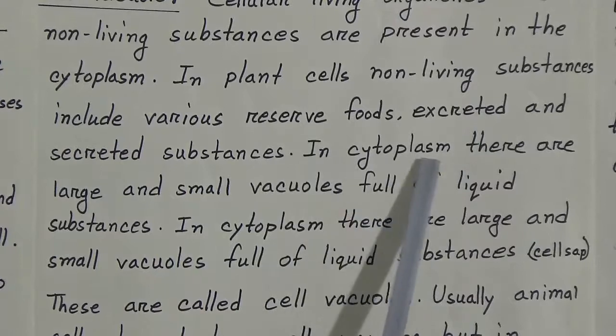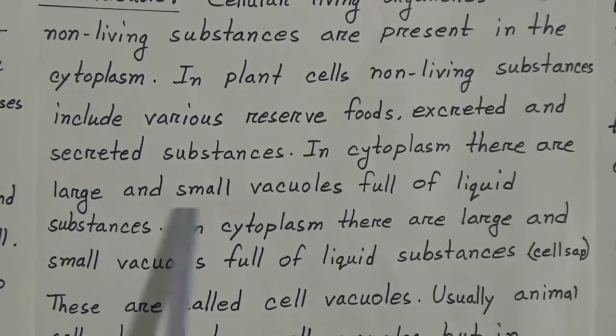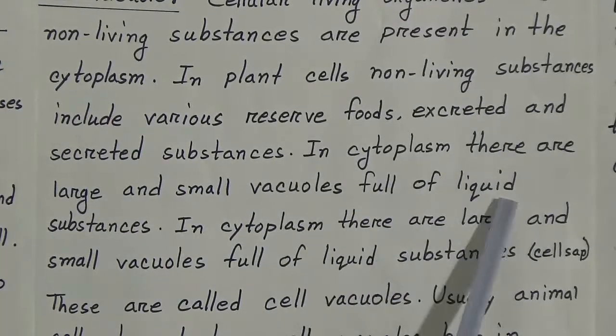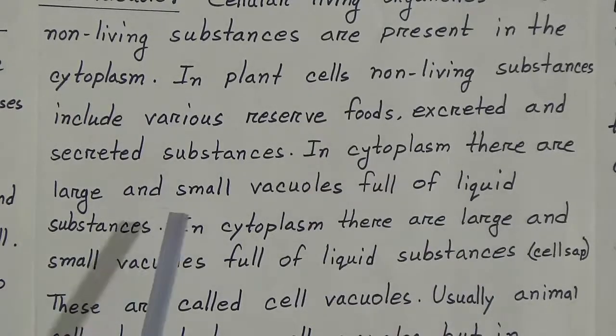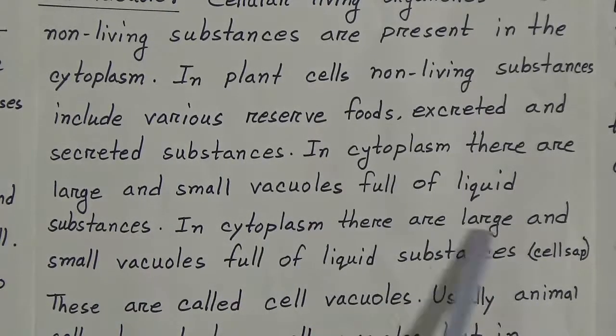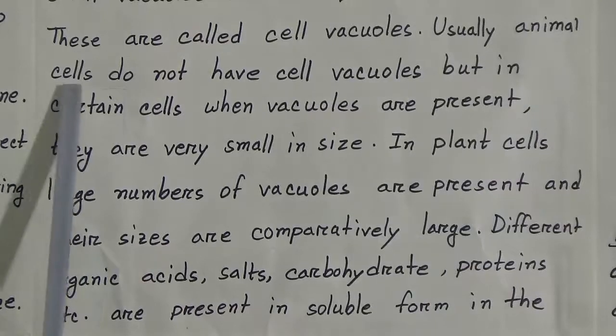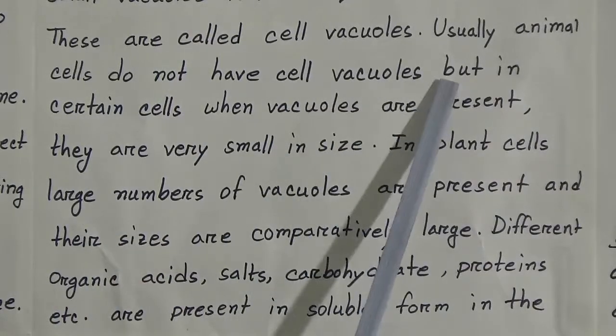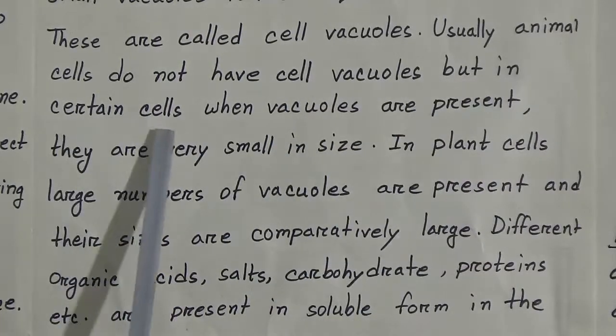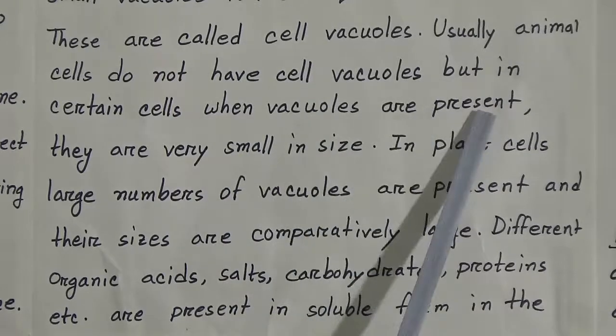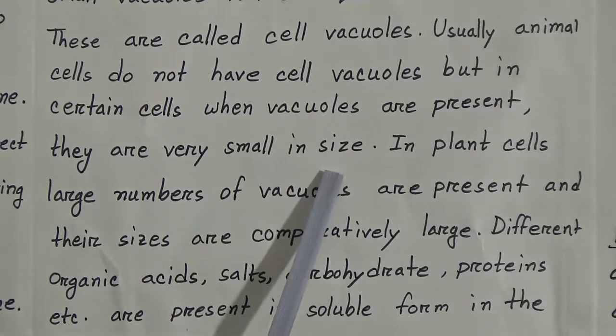In cytoplasm, there are large and small vacuoles full of liquid substances, that means cell sac. These are called cell vacuoles. Usually animal cell do not have cell vacuoles, but in certain cells, when vacuoles are present, they are very small in size.